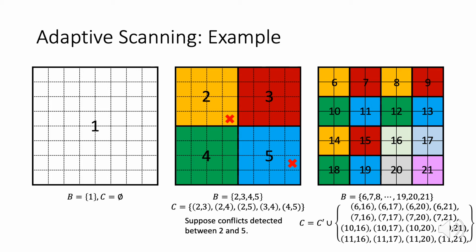So then we will subdivide it into 4 subblocks, which are again considered to potentially have contribution to every pixel, which means every pixel may be affected by 2, 3, 4, 5 simultaneously. That's just an assumption. That's just a candidate, not really.